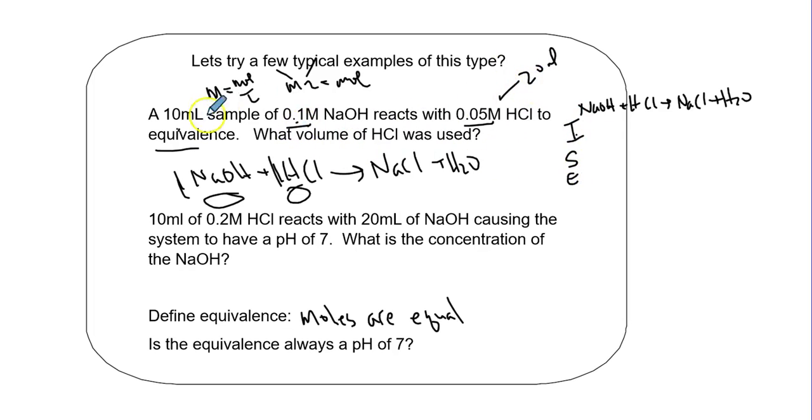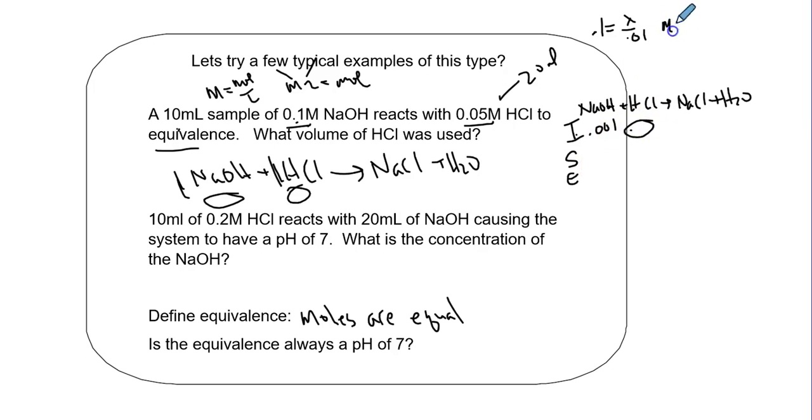But what you would do here is you'd find the moles of each. So it's going to be 0.1 equals X over 0.01 liters. And that's 0.001. And it wants to react them in equal amounts. So I guess you don't even need this. I just want the same number of moles of this guy to be 0.001.